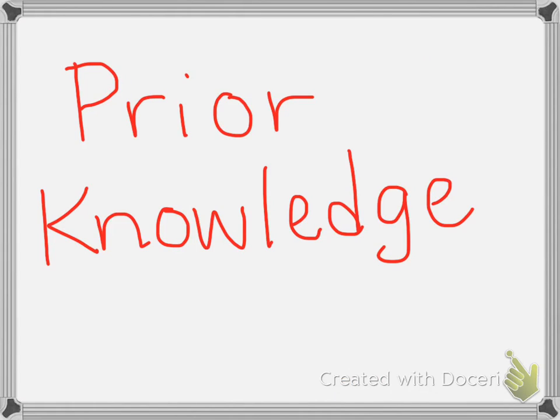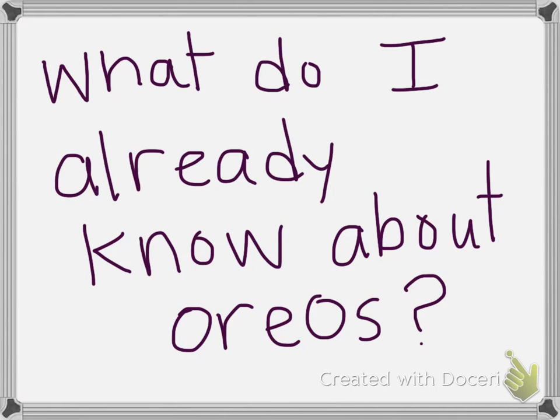So one of the first things I'm going to do is realize this article is about Oreos, and I've heard of Oreos before, so what I'm going to do is what's called activate my prior knowledge. That means I need to think, what do I already know about Oreos? There's chocolate, there's cream in the middle, they're delicious, there's regular Oreos, and then my favorites are Double Stuf, and it's fun to pull them apart, and some people dunk them in milk.